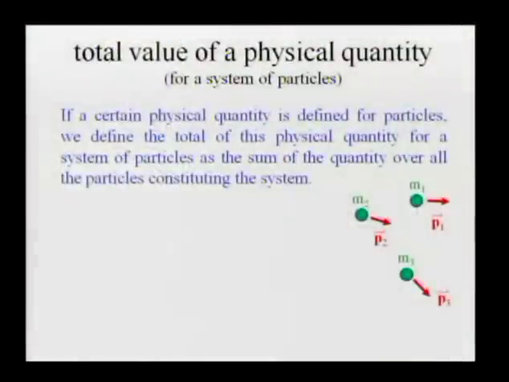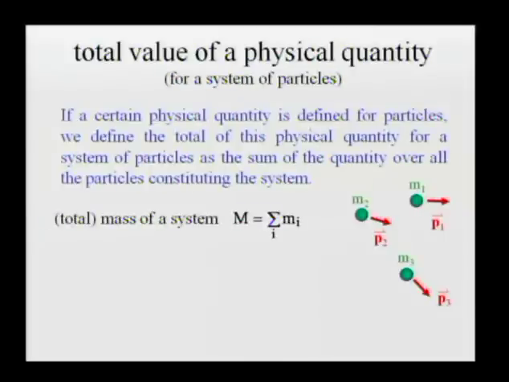For a certain physical quantity which is defined for a single particle, we define the same quantity for the entire system, and we call it the total value of that quantity, by adding the values of the quantity for all particles. So for example, what do we understand by total mass of a body? Think about the total mass of your body.